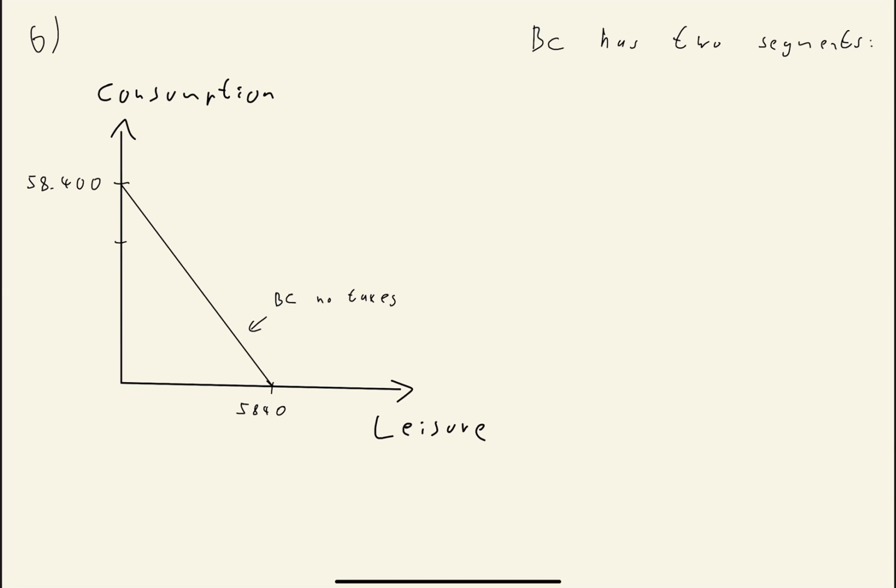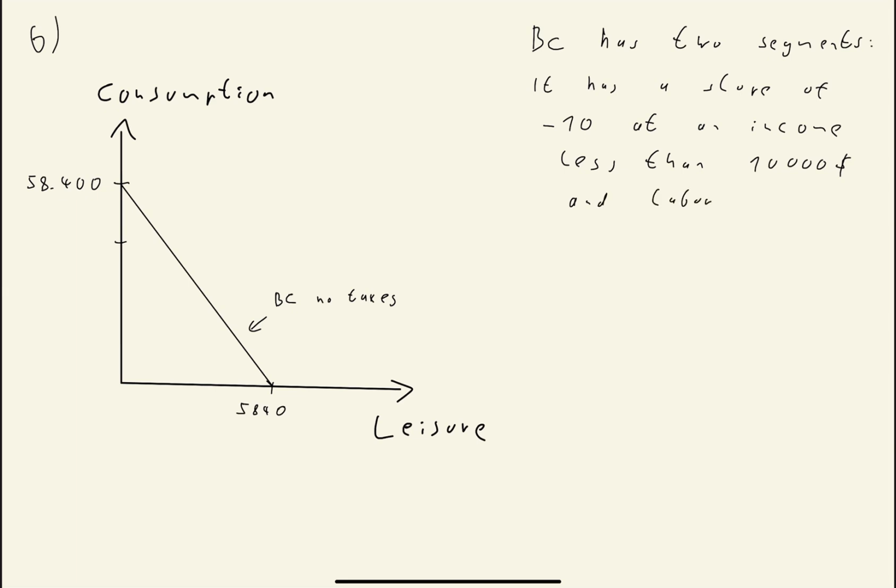It has a slope of -10 at an income less than $10,000 and labor less than 1,000 hours.